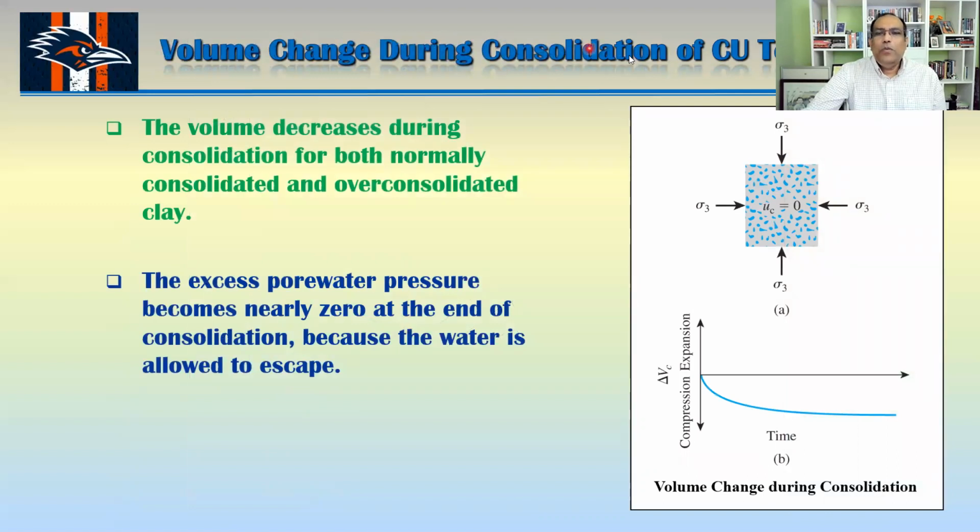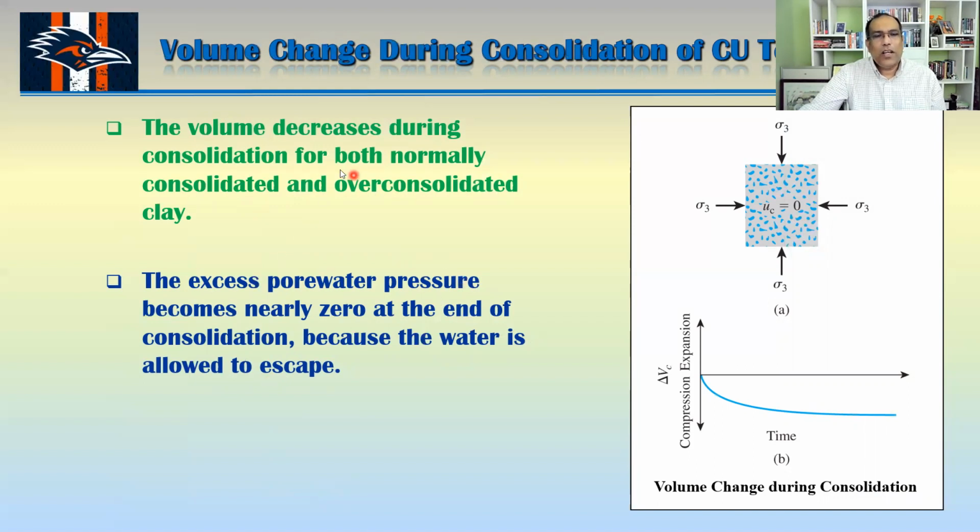So, volume change during the CU test. The volume decreased during the consolidation for both normally consolidated and over consolidated clay. It doesn't matter, sand or clay, everything. When you try to consolidate it, the volume decreases. Excess pore water pressure becomes nearly zero at the end of the consolidation because the water is allowed to escape.